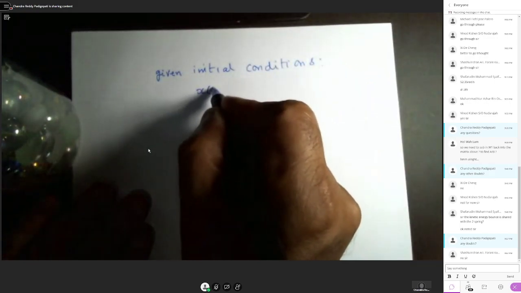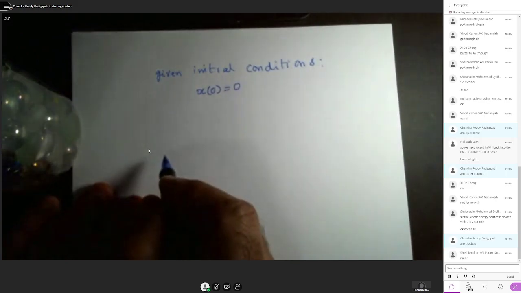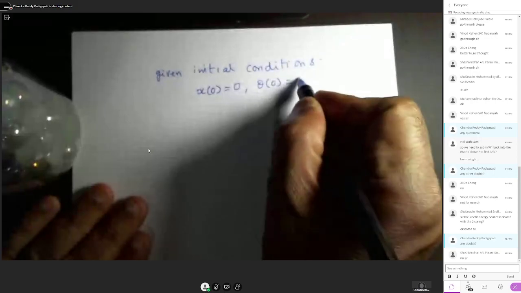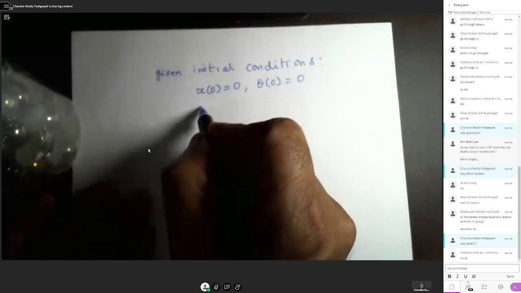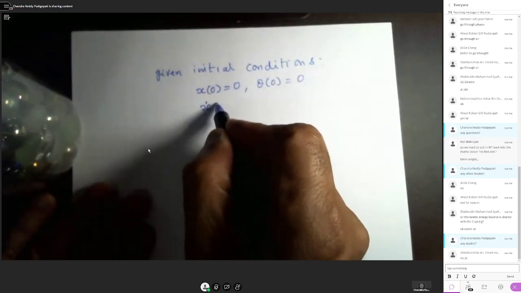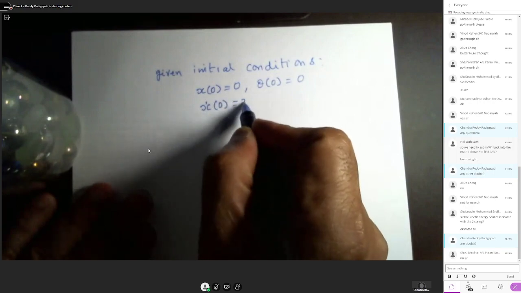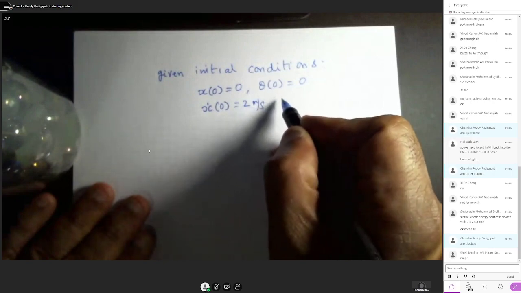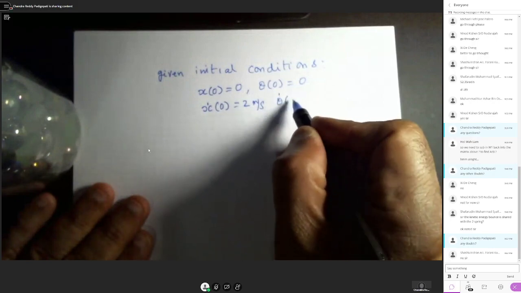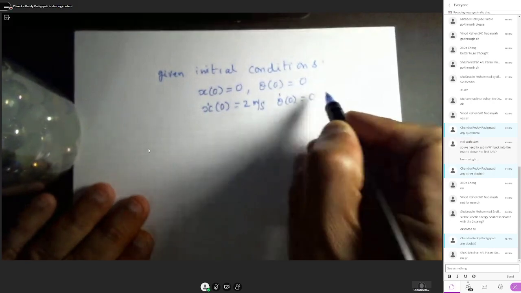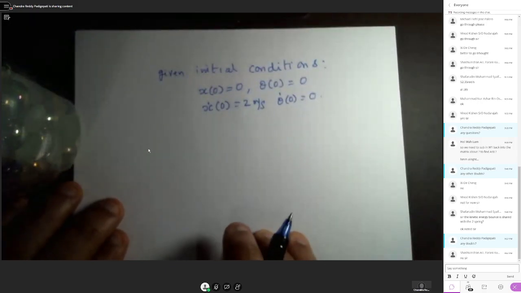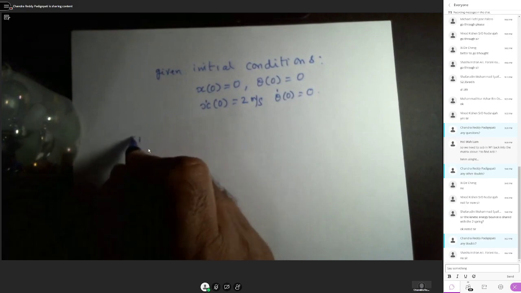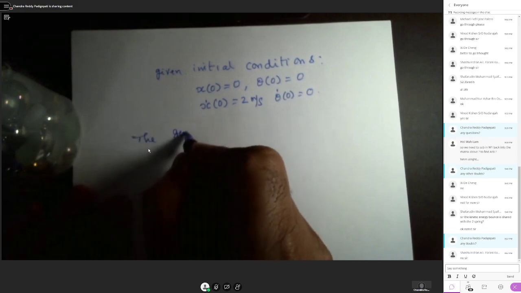So the displacement is 0 when time is 0. The angular displacement is 0 when time is 0. Then the velocity when time is 0 is 2 meters per second, and the angular velocity is 0 also. Then we have the mode shapes, so you can write the general solution of them.